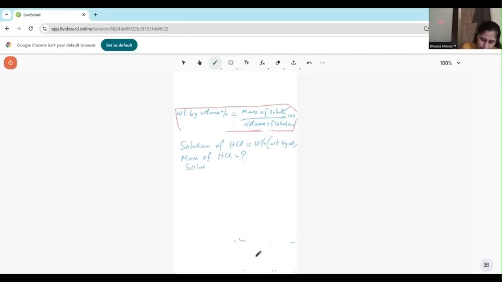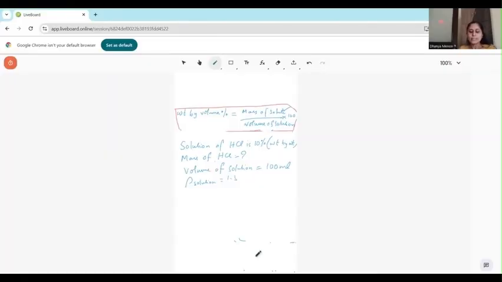Sorry, volume of solution is 100 ml. And rho, the density of the solution, is given to you: 1.5 grams per ml.